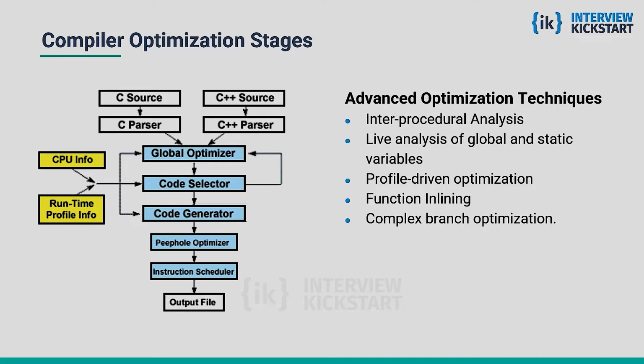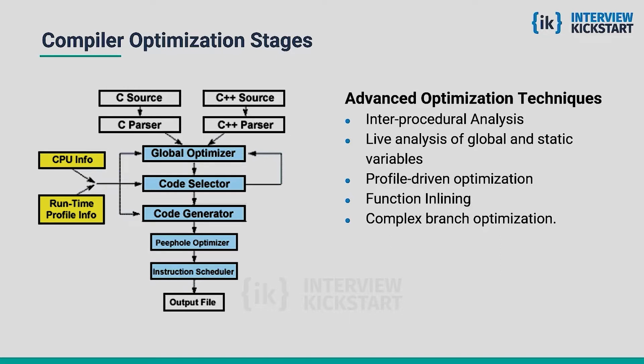In effect, these new analysis techniques enable the compiler to critique high-level C or C++ source code in order to combine optimizations more judiciously for maximum effect. Some of the advanced optimization techniques include interprocedural analysis, live analysis of global and static variables, profile-driven optimization, function inlining, and complex branch optimization.